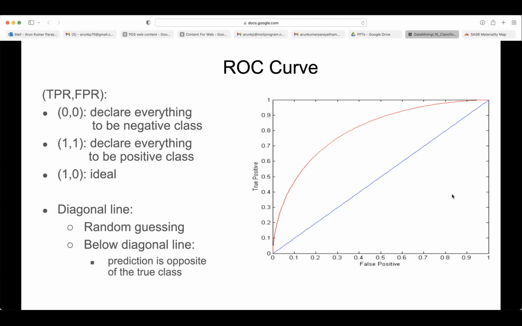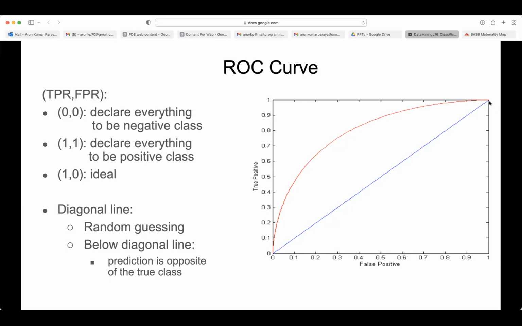All negatives are also called positives, so the false positive rate will become 1. And you are able to catch recall also 1 there. So the right upper corner is 1, 1, and the left upper corner is 0, 1. That is the ideal case.